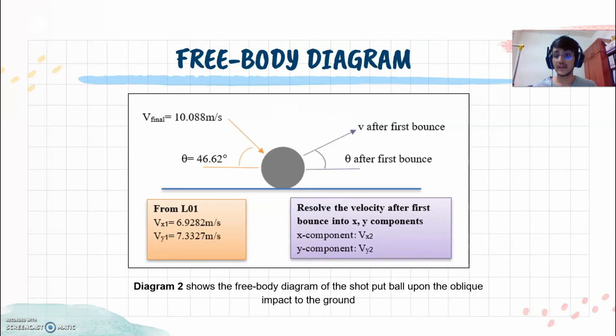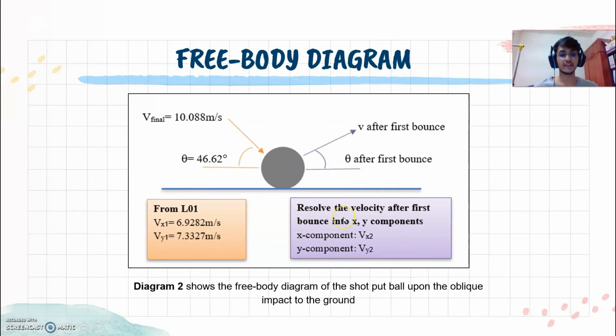And then looking further into this analysis, we can draw a free body diagram as shown here. The values from LO1, which will be presented and calculated by my teammate, represent 6.9282 meter per second for the velocity at the x-axis, and the velocity at the y-axis is 7.3327 meter per second.